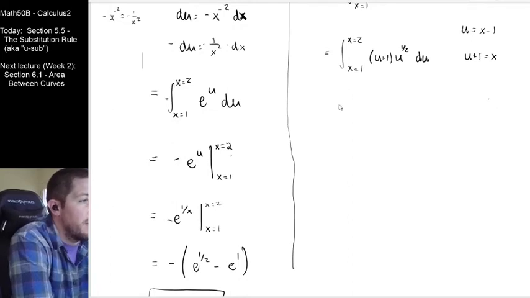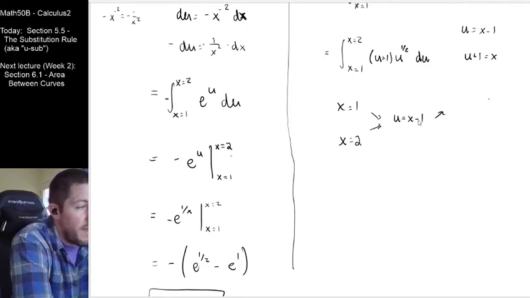If x is 1 and if x is 2, then using the known relationship that u equals x minus 1, if x is 1, then u equals 0. And if x is 2, 2 minus 1 tells me that u equals 1.